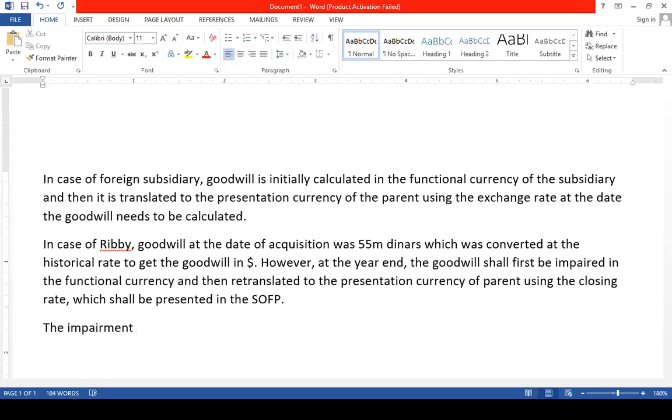The impairment shall be recorded as an expense in SOCI at the average rate.